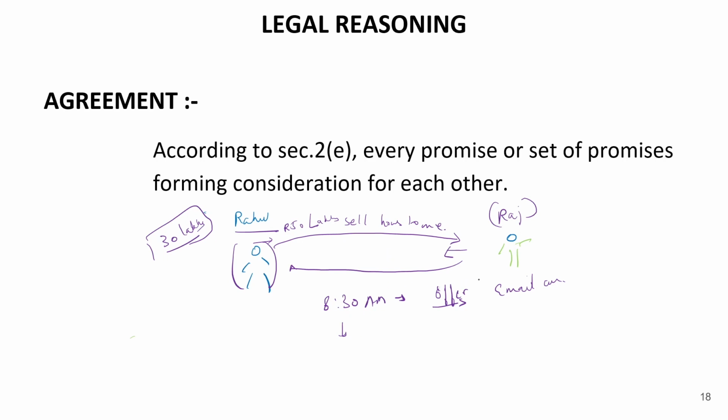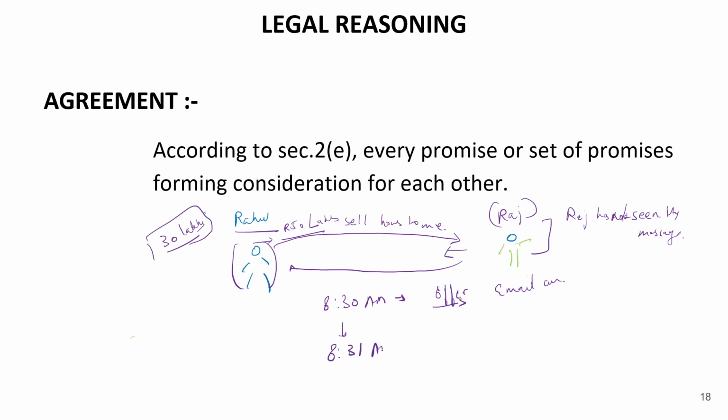Until now, till this particular time period, Raj has not seen the message. And after understanding that I should not be offering to purchase the house for rupees 50 lakhs, I should inform.